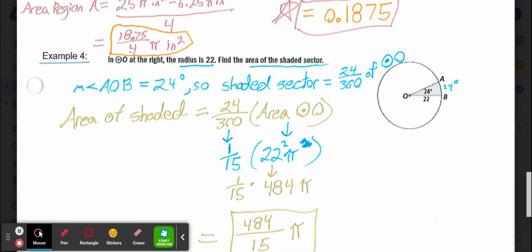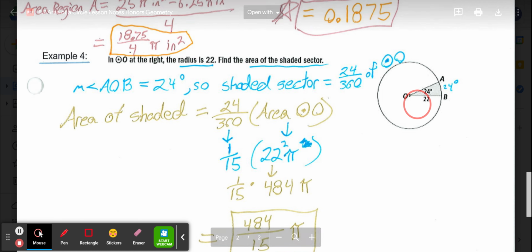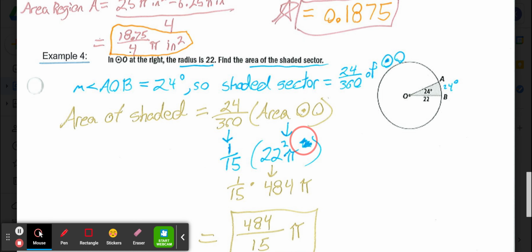So let's fill in our info. 24 over 360 simplifies to 1/15. So this region is 1/15 of the whole circle. The radius is 22, so the area of circle O is 22 squared times pi. 22 squared is 484.